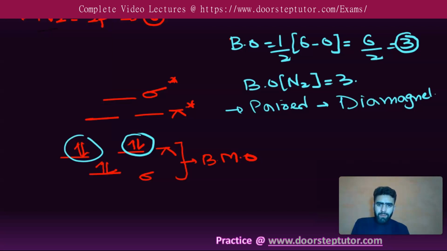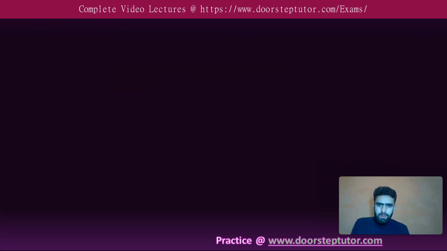Now, here we will talk about another molecule. We will look at what the bond order is in the case of N2 positive. In N2 positive, one electron is removed from the molecular orbitals.